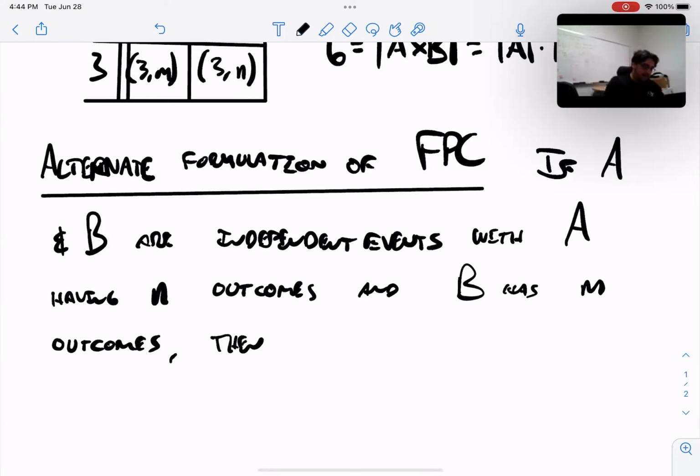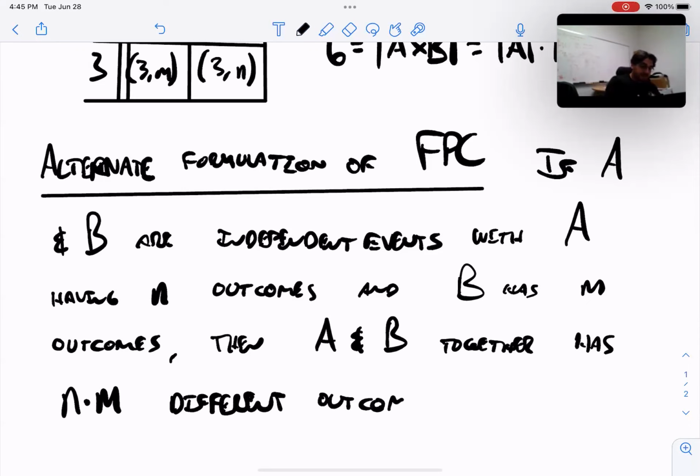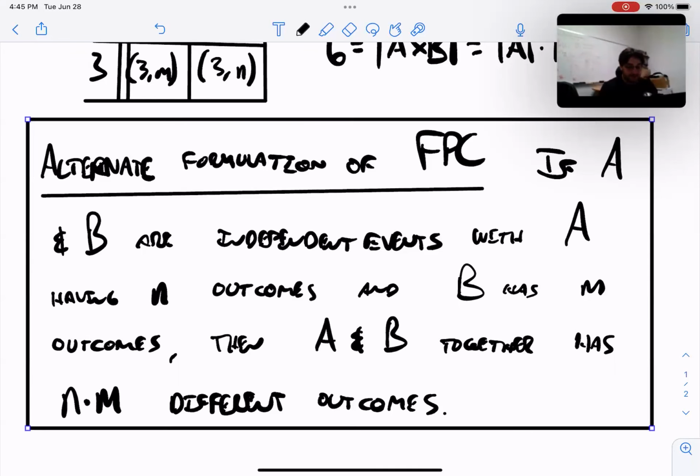Then you can think of the events A and B together, that single event, which is comprised of those two events, as having n times m ways of occurring, or n times m different outcomes. This sometimes is a helpful way to think of the fundamental principle of counting in a lot of the contexts where it's used.